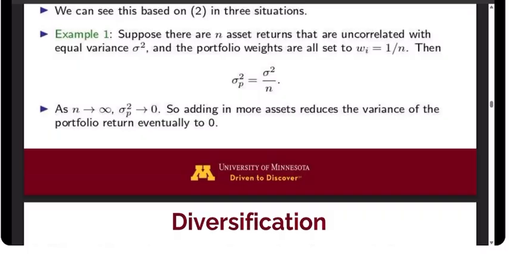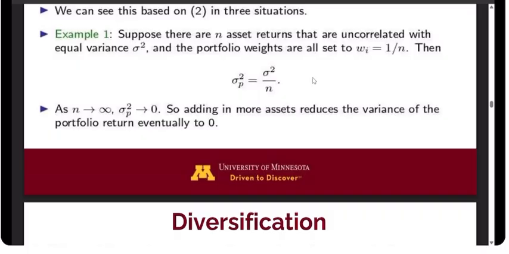Now, with equal variance, there's a possibility. Assets could have equal variance, and the portfolio weights are all set to 1 over n. If the weight is set to 1 over n, then the variance of the portfolio will be sigma squared over n.